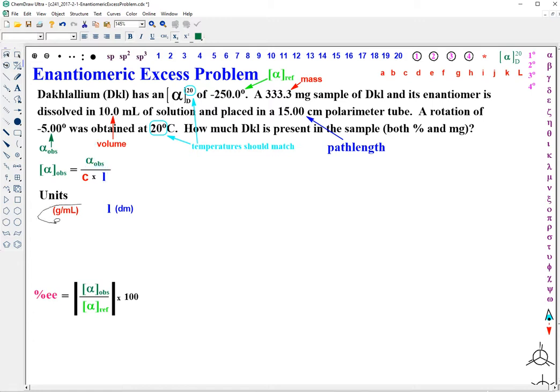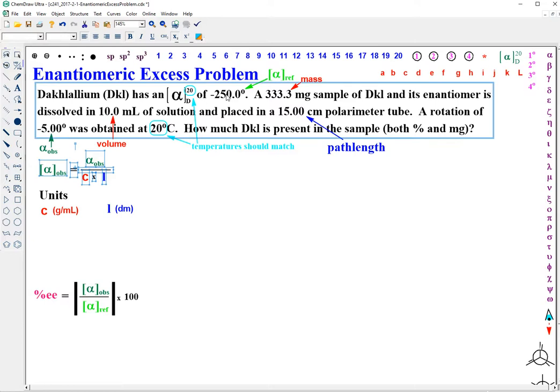Units that must be obeyed are grams per milliliter for concentration and decimeters for path length. The reason we have to do this is because we want to compare the lab rotation to the reference rotation, which was done under standard conditions. Reference rotation is given in the question, and it's understood that that is a concentration of 1 gram per milliliter and a path length of 1 decimeter.